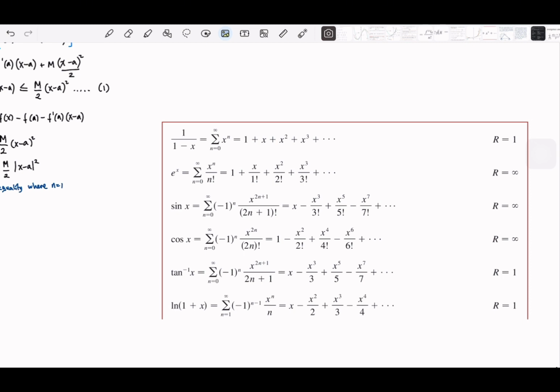So you need to know how to get this. So the idea is, from the function, you have some set of derivatives, get the coefficients, and put them back into the series. Okay. So that's how you get it.